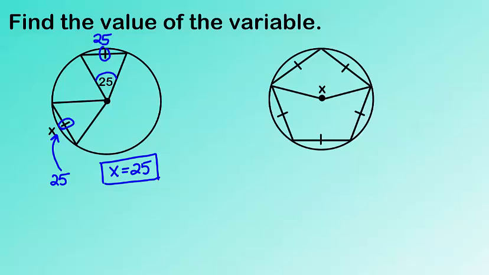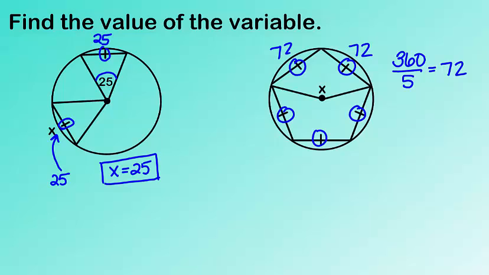If I look at this problem, I know that I have 5 congruent chords. That's going to make 5 congruent arcs. I know that all of the arcs add to 360, so I'm going to go ahead and divide that by 5. That gives me 72 degrees for each arc.